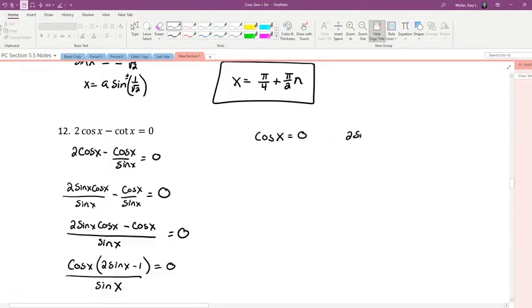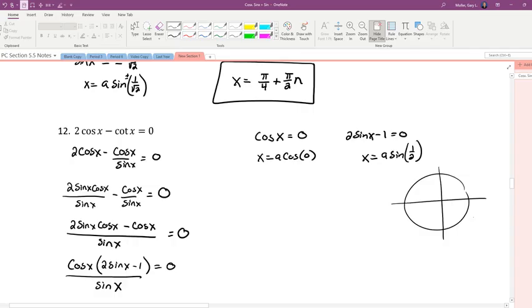And when is 2 sine of x minus 1 equal to 0? So x equals the arc cosine of 0, and then x equals, add 1, divide by 2, the arc sine of positive 1/2.